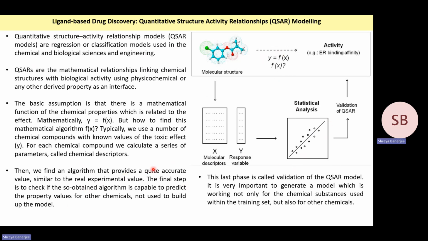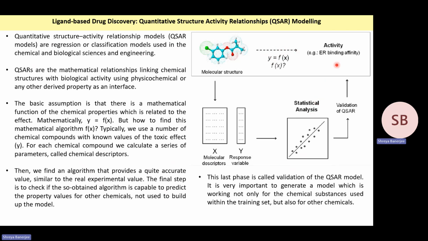So basically, how this function is validated is that the final step is to check this function or algorithm to see if it can predict the property values for other drugs. This is called the validation of the QSAR model. For example, from the known compounds, we are creating a function which will predict the relationship between the function of the molecule and the structure of the molecule.